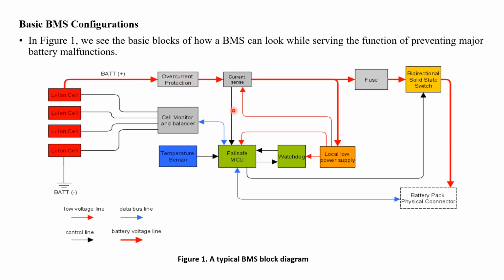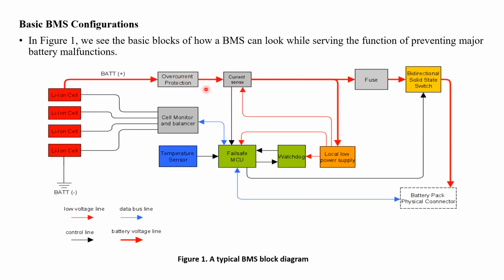If the battery is damaged, the efficiency of the vehicle will decrease. Clear? So for safe operation, we have to monitor the current at all times, whether overcurrent or under current, and so on.